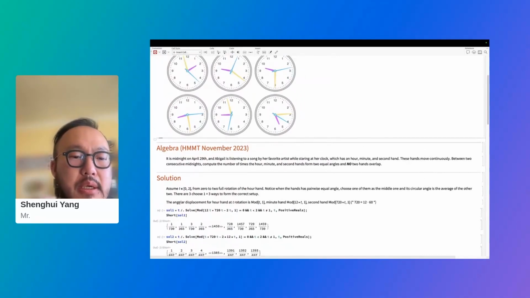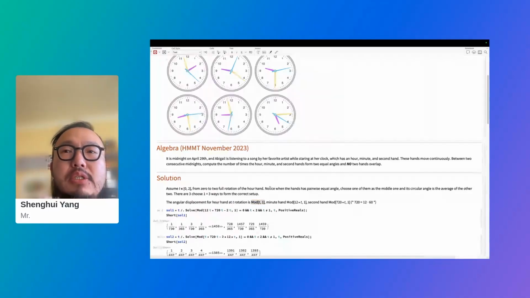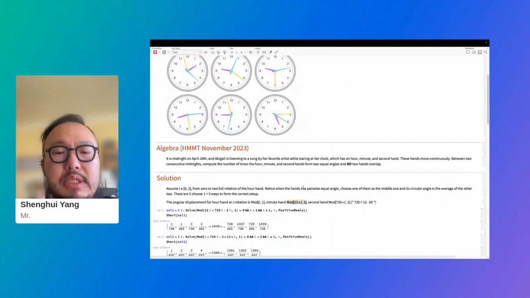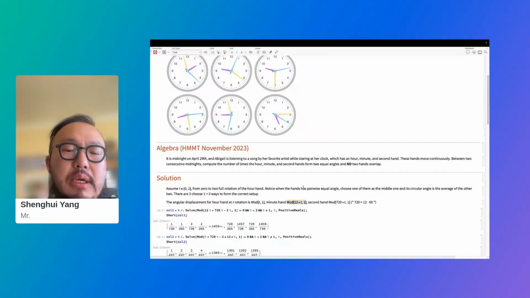So let's see. The angular displacement for the hour hand is basically t mod 1. It basically says if t is 1.2, because the face only has a 12-hour grid, you only choose the fractional part, which is the same as mod 1. And the minute hand is 12 times t, because the minute hand moves 12 times faster than the hour hand.